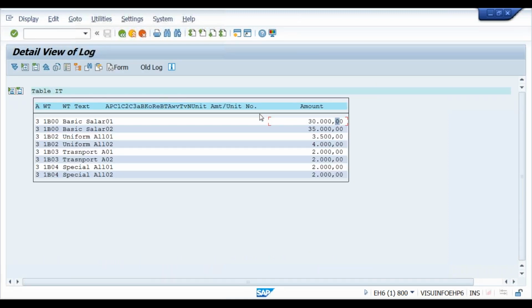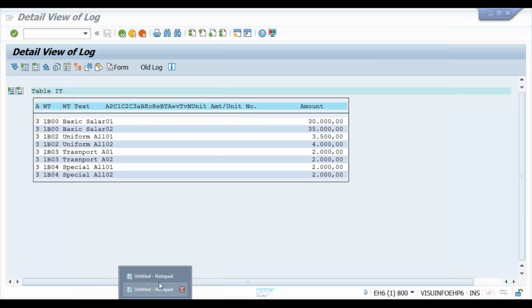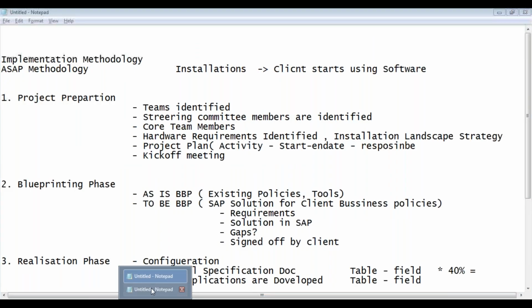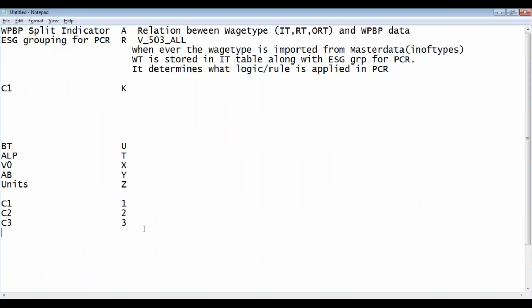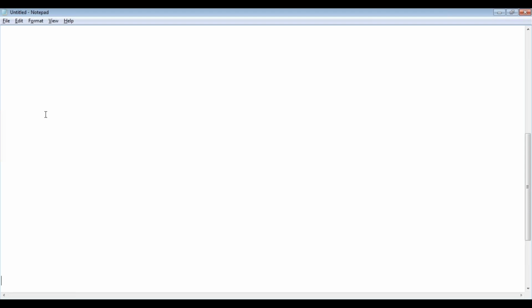We have an amount, a number, and a rate. If I want to modify or perform arithmetic calculations on the number field or rate field, we have these three operations.